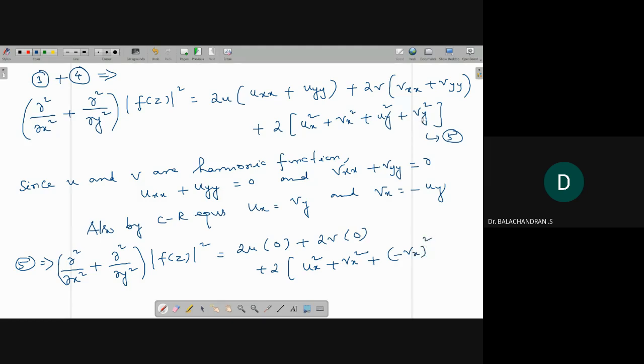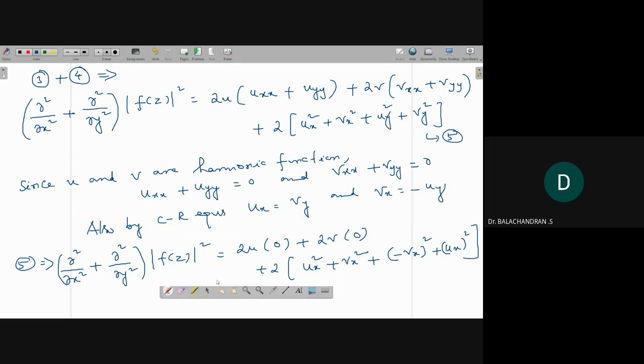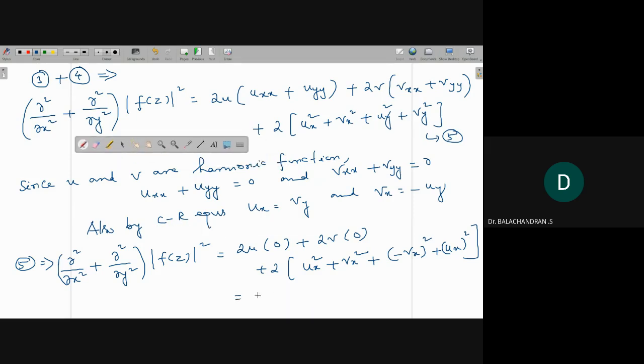Instead of vy, I will replace ux whole square. So now the right hand side is 2 times ux square plus vx square plus vx square plus ux square, that is 2ux square plus 2vx square. Taking 2 common, 4 times ux square plus vx square.